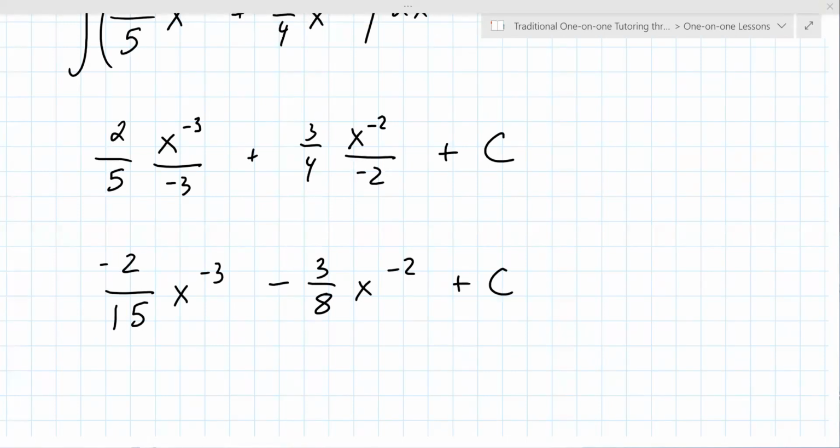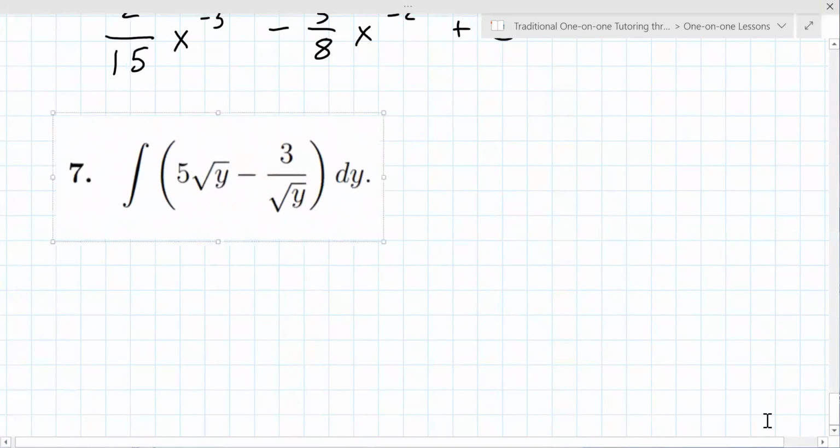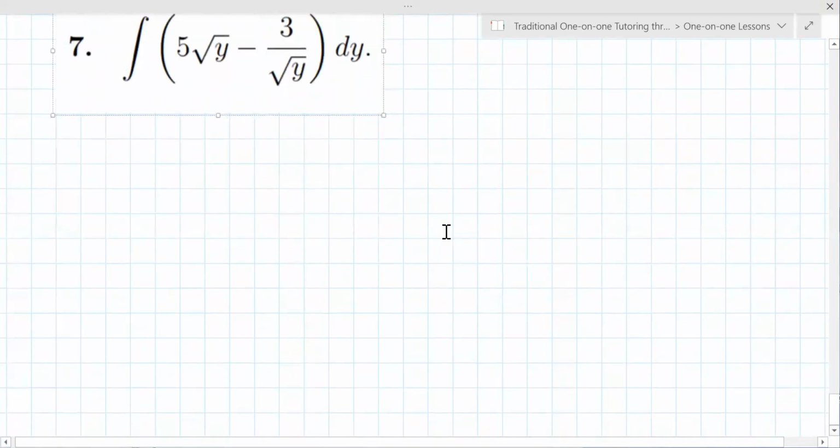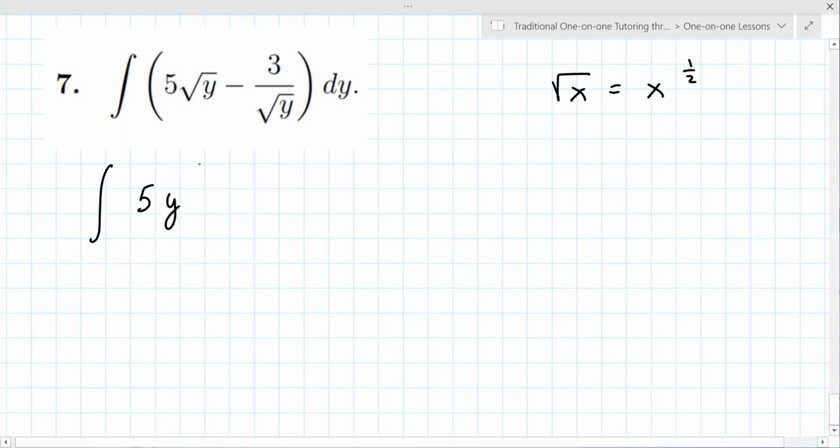So there's one more kind of rewrite that I didn't show you, but after this, we can move on to something new. I think this one's still worth doing. This one requires you to remember that the square root of x is x to the 1/2 power. So this becomes the integral 5y to the 1/2 power.